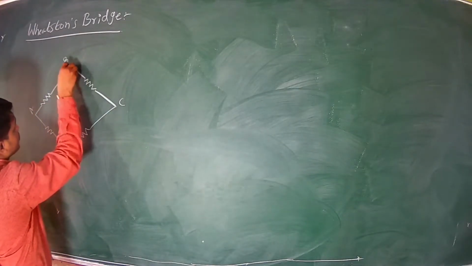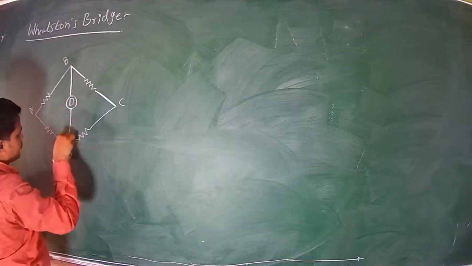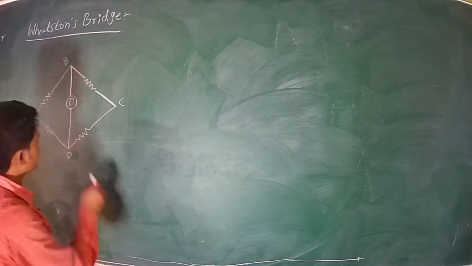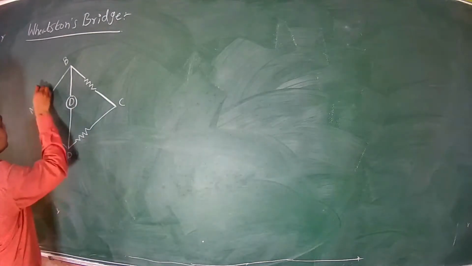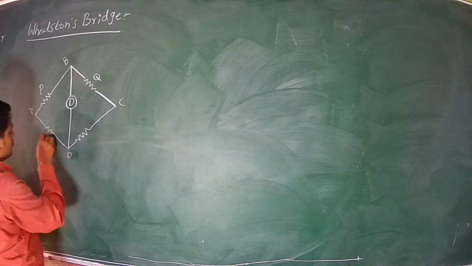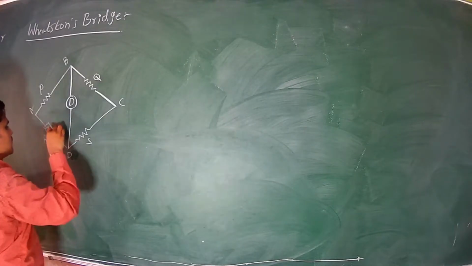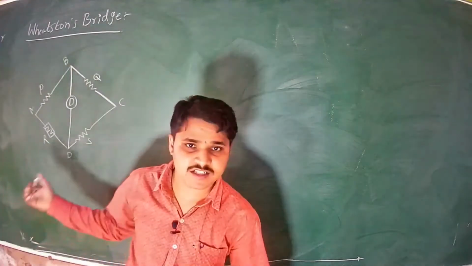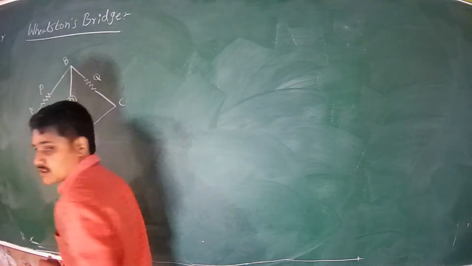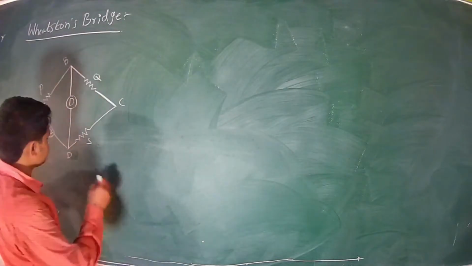So we connect one detector to get the bridge balance condition, and these are our resistances P, Q and R, S. This R is the unknown resistance, a medium range resistance which we have to find, whereas P, Q, S are known values.